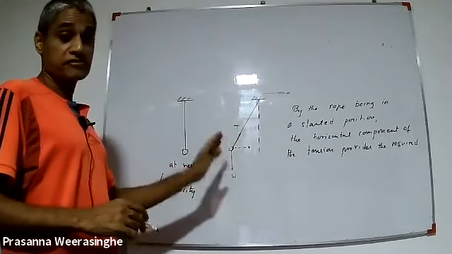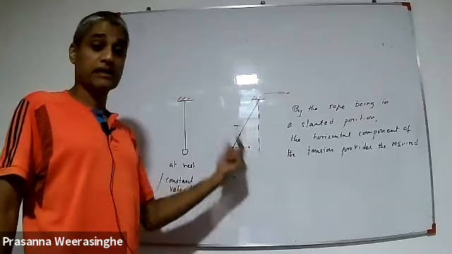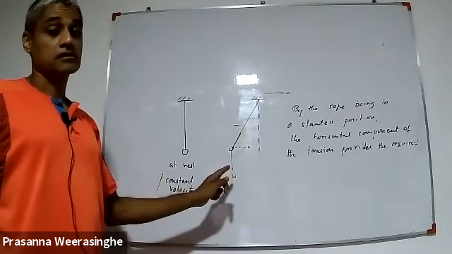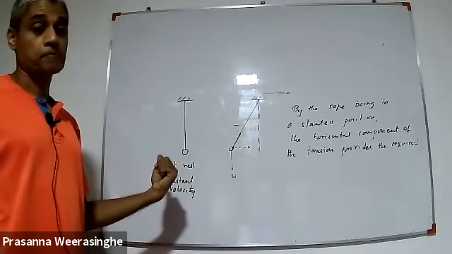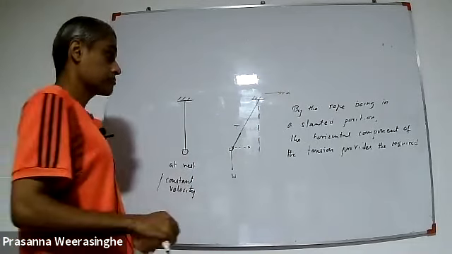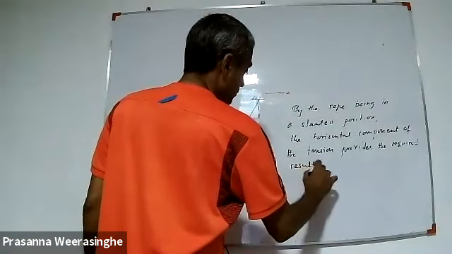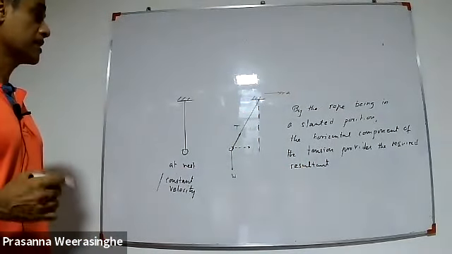This position definitely can happen in two ways. Well, I'm assuming that it's accelerating to the right, but also it will take this position when it's decelerating to the left. Provides the required resultant force by the rope being in a slanted position.